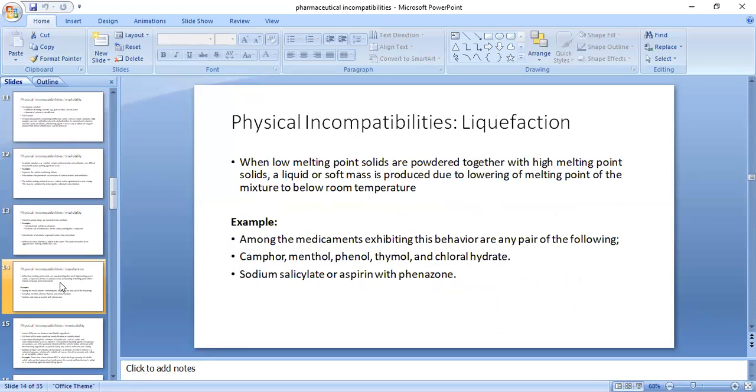Example, among the medicaments exhibiting this behavior are any pair of the following: camphor, menthol, phenol, thymol, and chloral hydrate, sodium salicylate, or aspirin with phenazone.